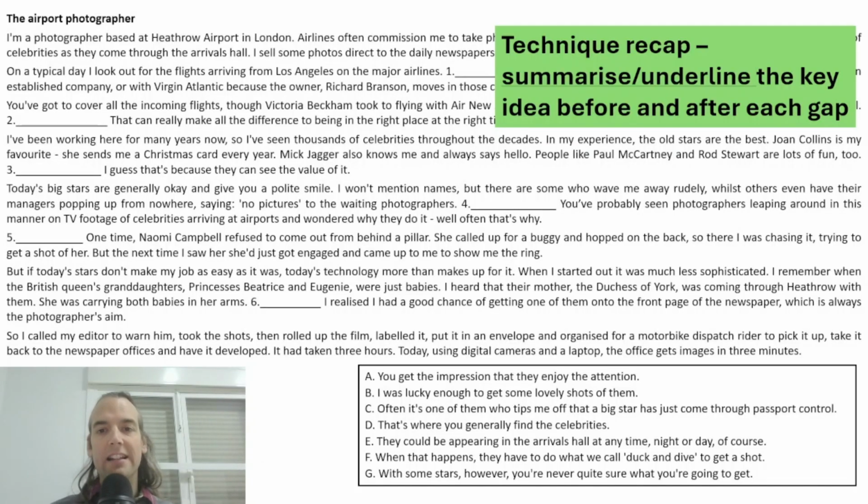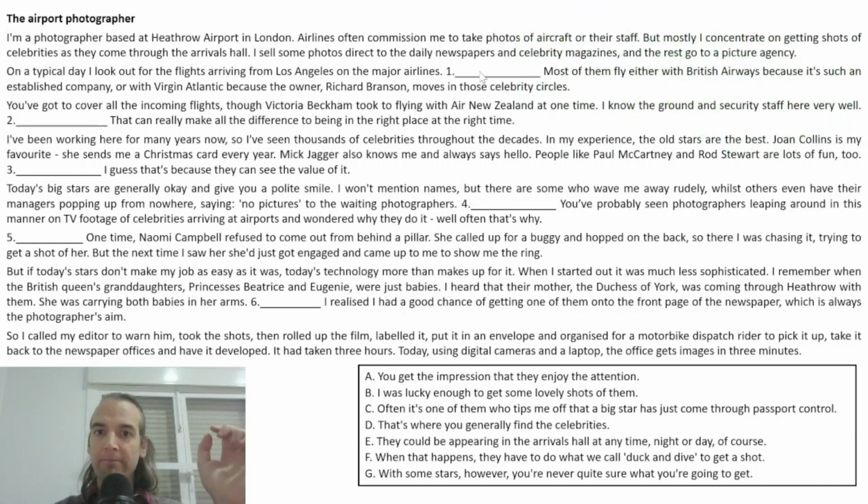This will be in the description, the text for you to work on at your own pace, since pausing the video is a bit difficult sometimes. But it's part 6, which means you need to take these sentences and put them in the correct gap. How? Well, the best thing to do is to read the whole text and top level, summarize in your own words, 2 or 3 words, the key idea before gap number 1 and after gap number 1.